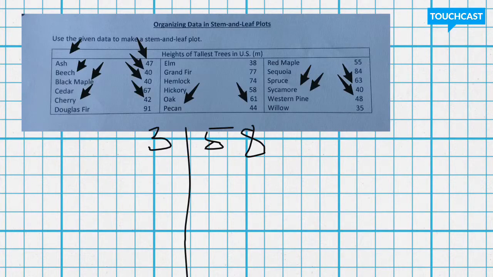So, the number that comes before the last digit on all of those is a 4. We're going to put the 4 in place of our stem.